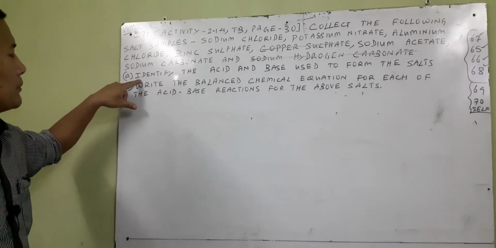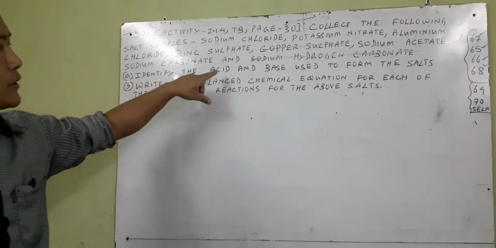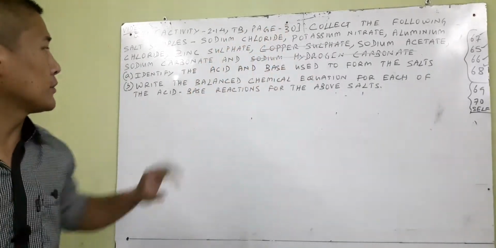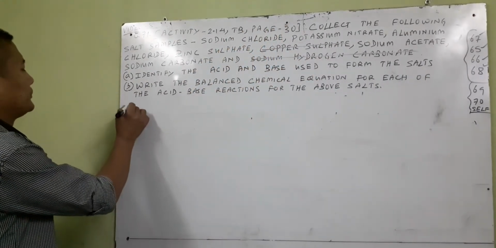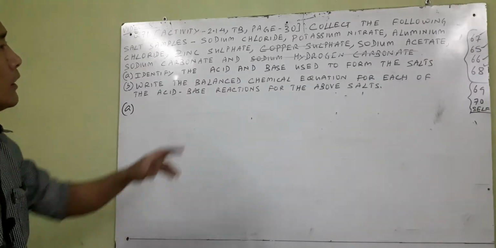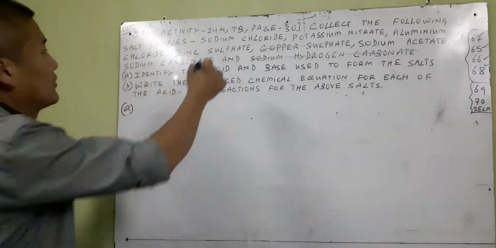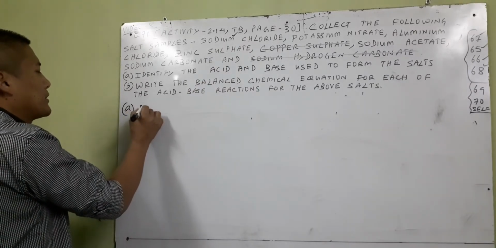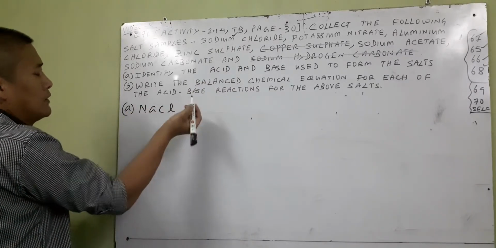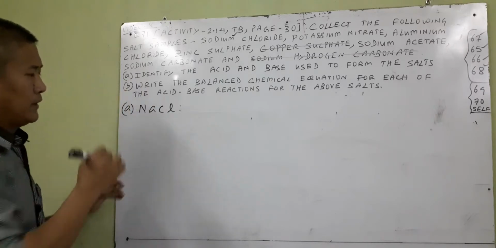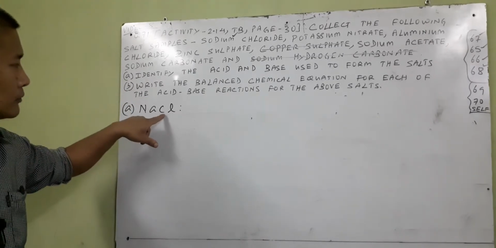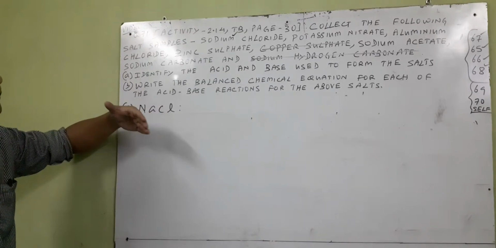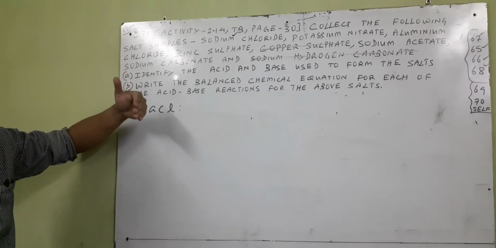We're going to first, number A, identify the acid and base used to form each of these salts, okay? So let us start with that. For the first salt, sodium chloride, let us just write the formula directly. Sodium chloride is NaCl. As we learned even yesterday, this is a repetition of yesterday's content, but it is good because it's the chapter on acids, bases and salts.